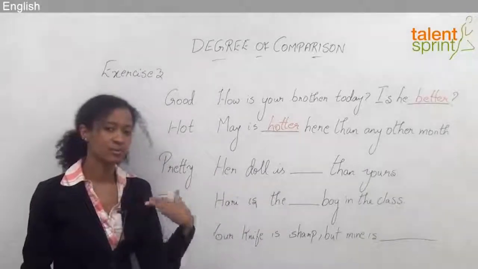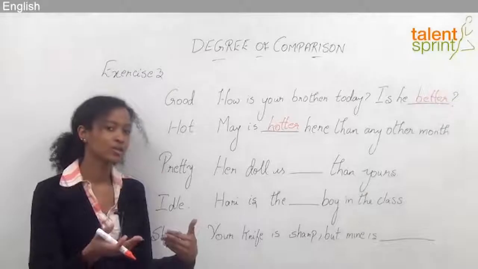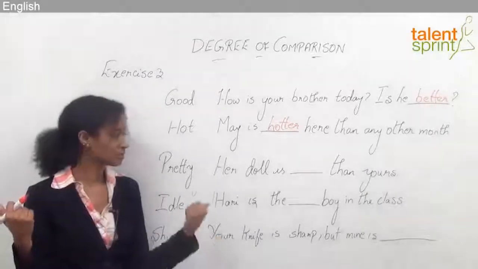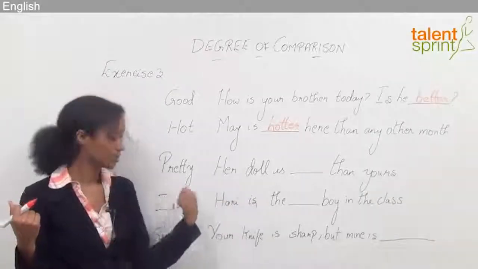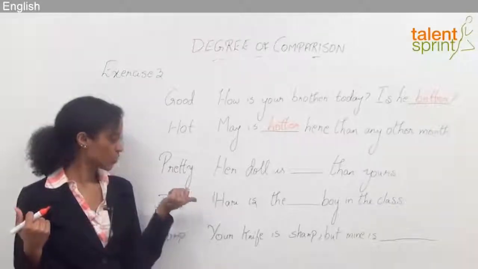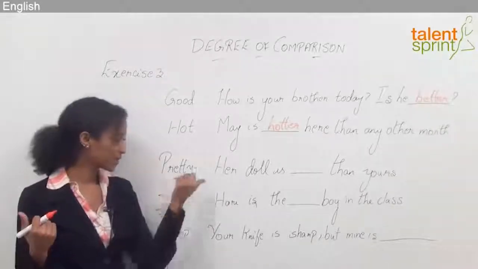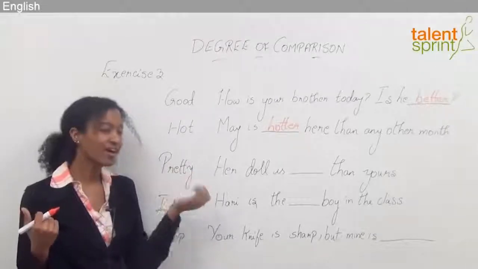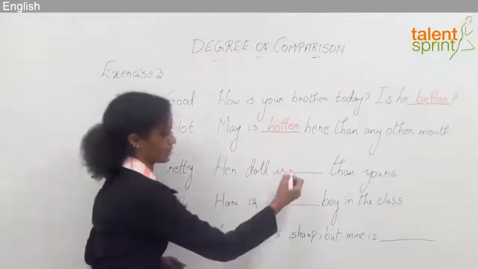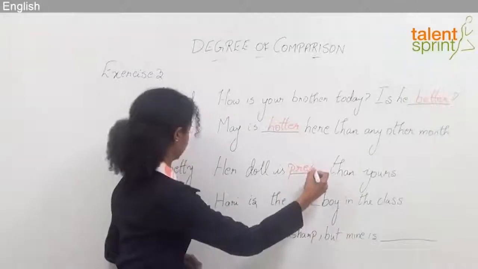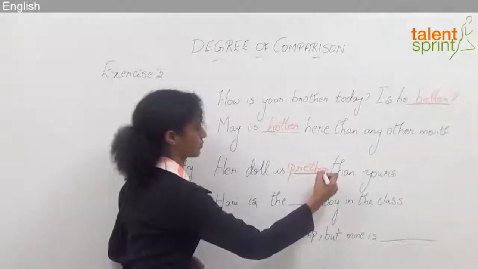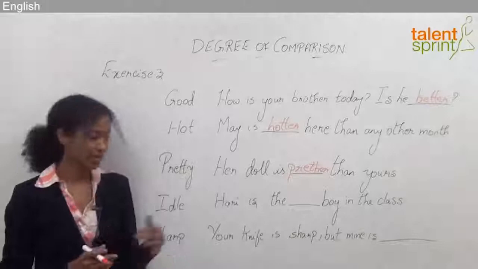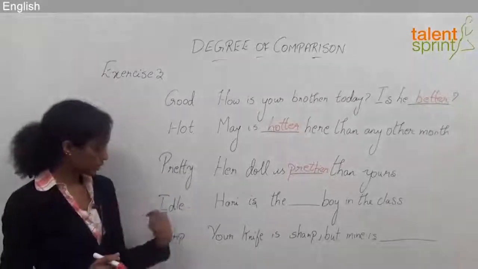Again, comparing your doll with her doll. What do you do with two syllables ending with Y? You drop the Y, replace it with an I, and add ER. So that's prettier. That's also a comparative degree.